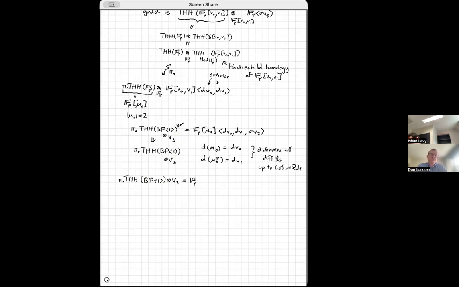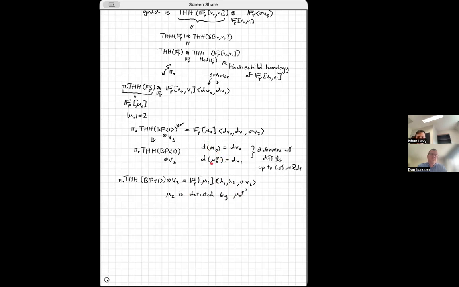It's a polynomial ring on a class I'll call mu2. And then there are three exterior classes. There's lambda1, lambda2, and then sigma v2. And then I'll tell you how these correspond to things in the spectral sequence. So this mu2 is detected in the spectral sequence by mu0 to the p squared. So mu0 to the p squared was a permanent cycle in the spectral sequence.